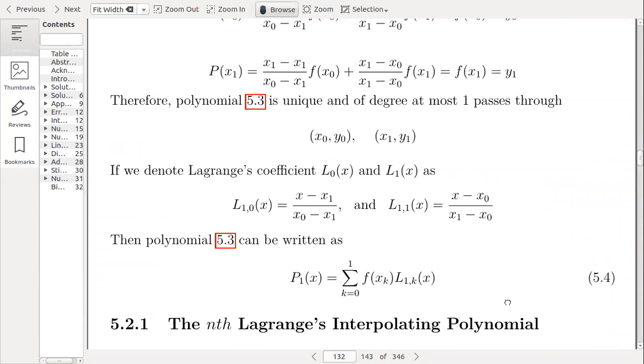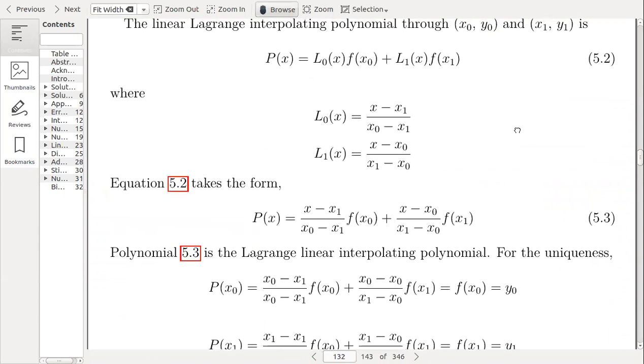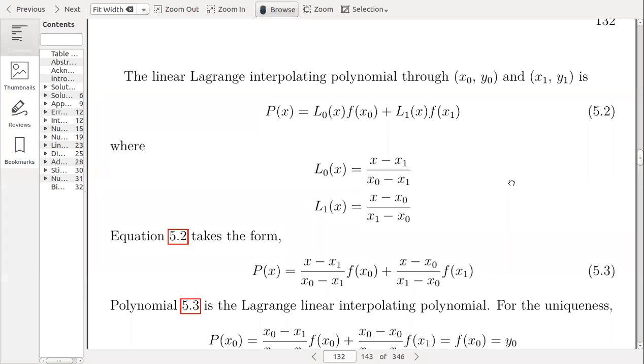So there are three ways to write this Lagrange interpolating polynomial of degree one, or the lowest degree polynomial. One way is p of x is equal to L0 of x into f of x0 plus L1 of x f of x1.